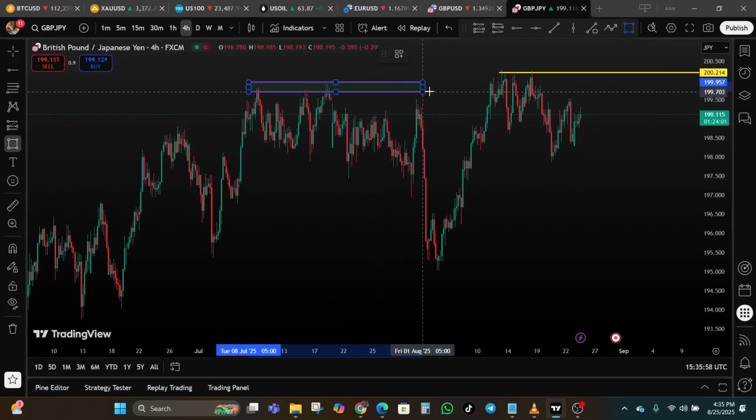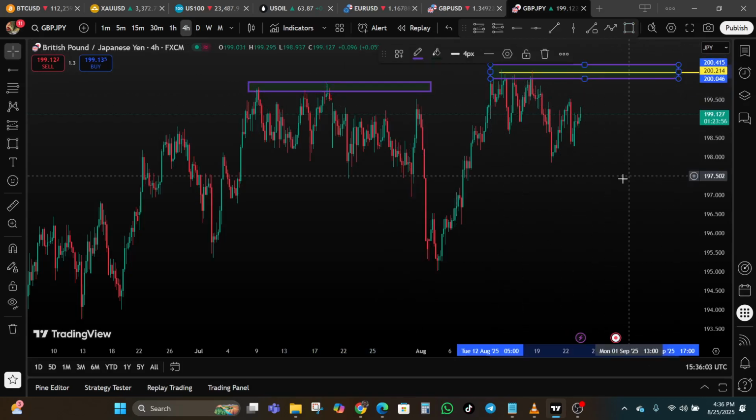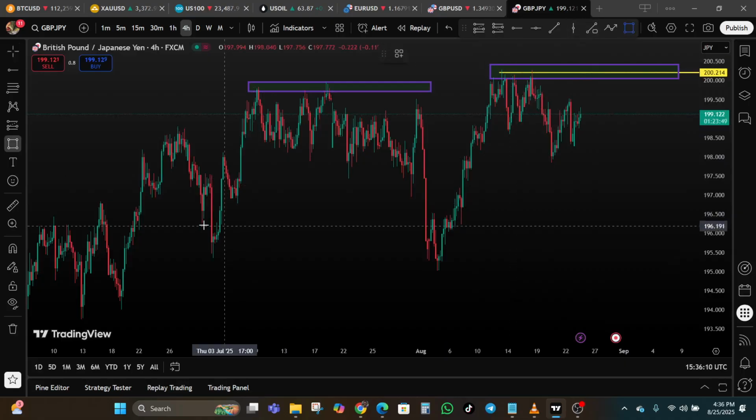Institutions always seek liquidity before making a move. So spotting these pools is the foundation of this strategy.